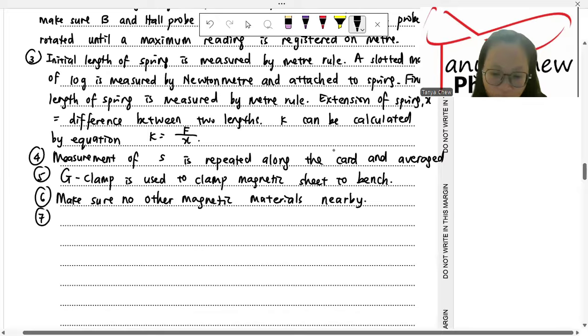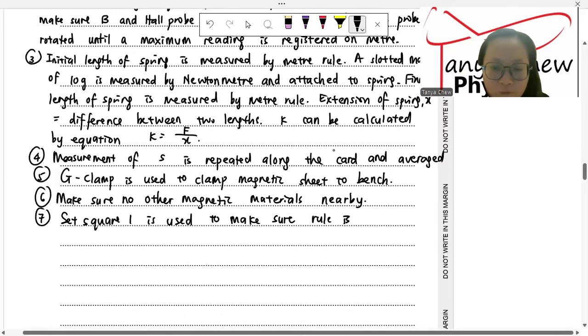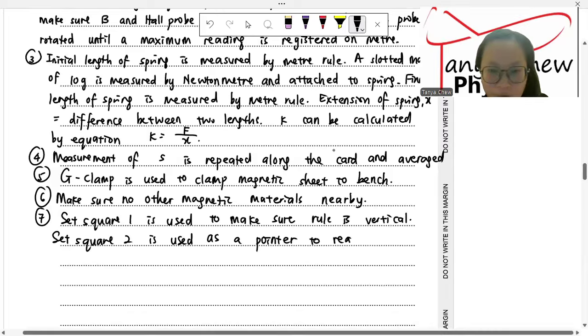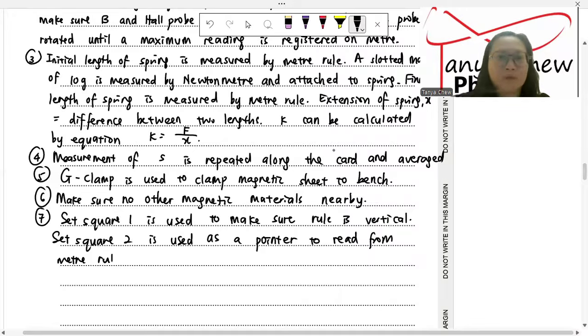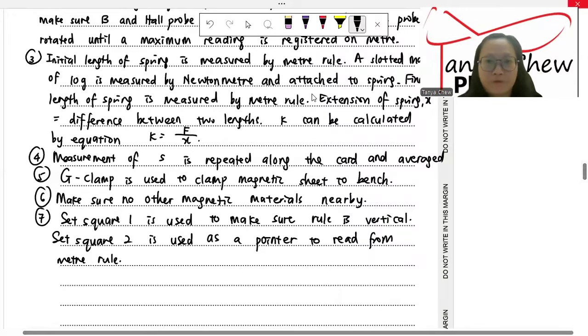And I would like to talk about the set square. I give you more than 6 points. One set square is used to make sure the rule is vertical. The second set square is used as a pointer to read from the meter rule. And that's it for the first question.